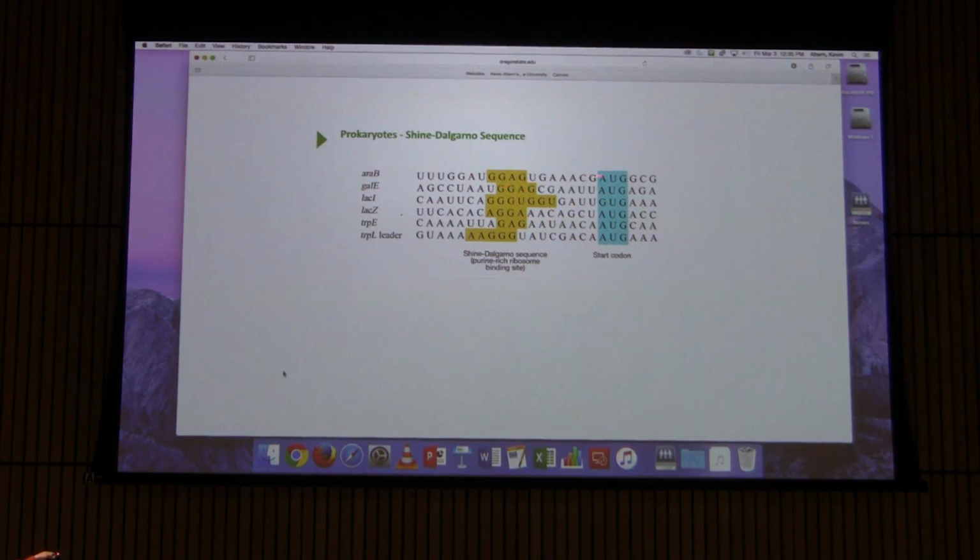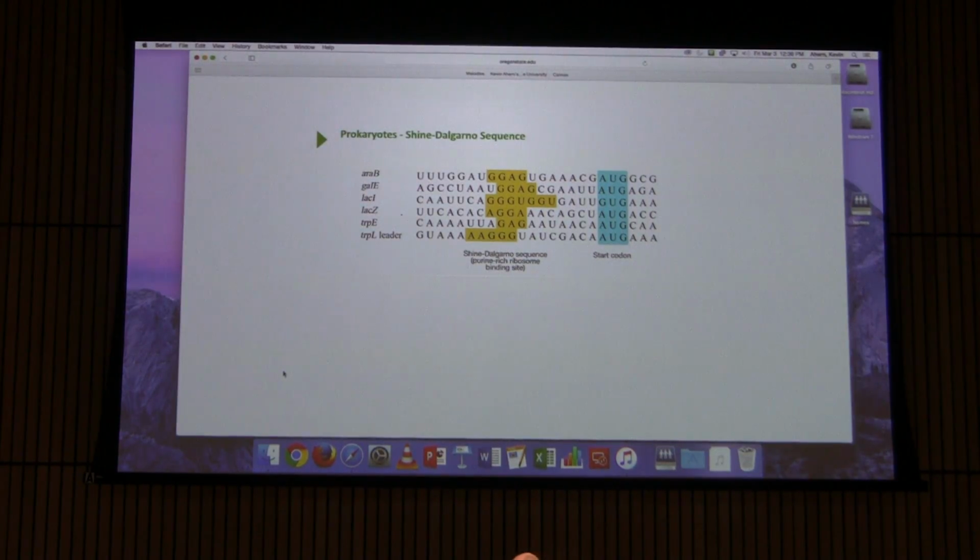And you can see that about 10 bases ahead of that AUG, there's a common sequence. It's G-rich and it's A-rich. The consensus sequence for that is actually GGAGG. That sequence is complementary to a portion of the 16S ribosomal RNA. And it's the base pairing between those two that positions the AUG in the initiating place within the ribosome.